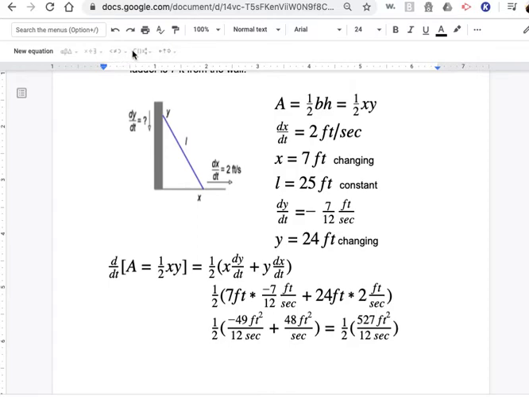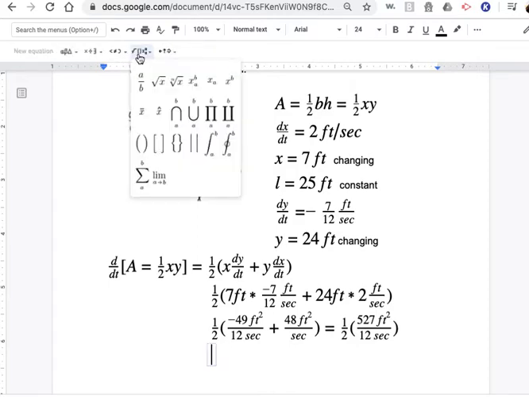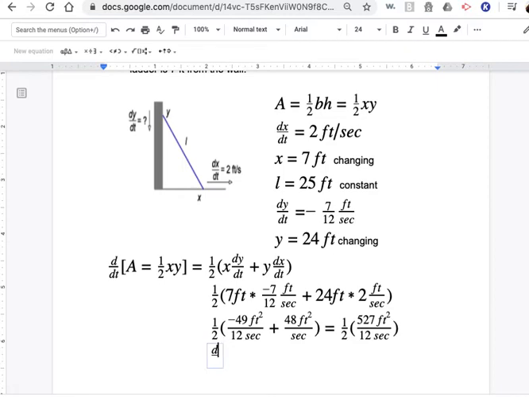So we will have dA/dt equals 527 feet squared over 24 seconds.